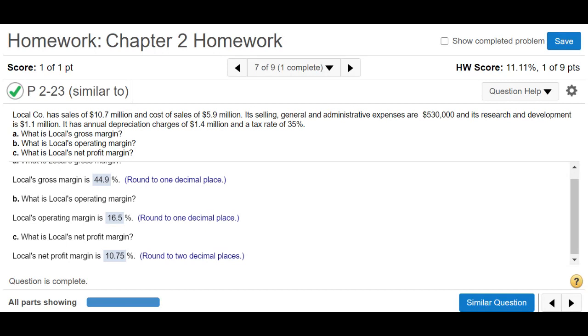Yes, 1,770,000. Okay, now say that amount times 0.65. What do you get? One million 150,500. Now divide that by 10,700,000.